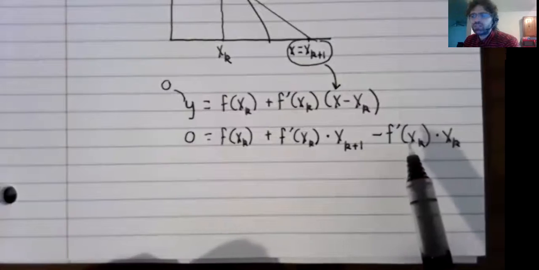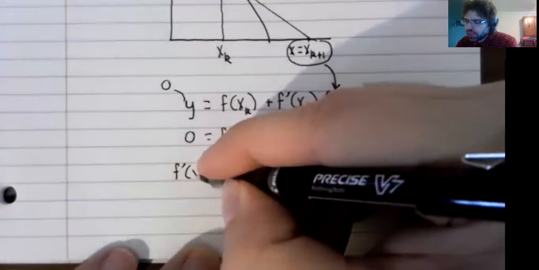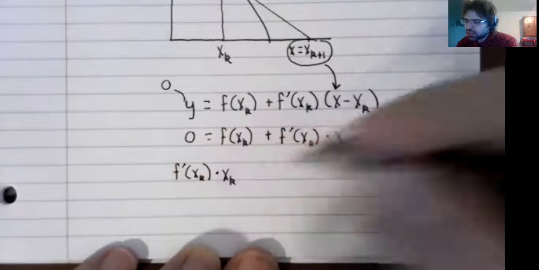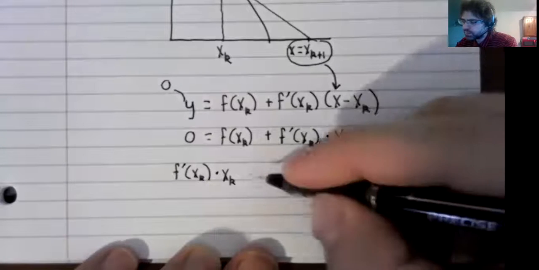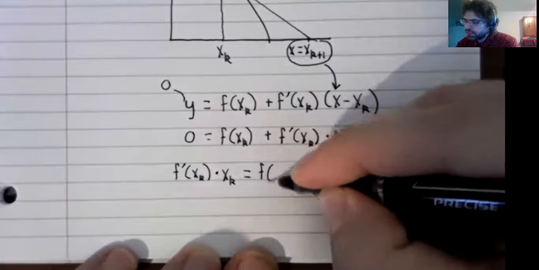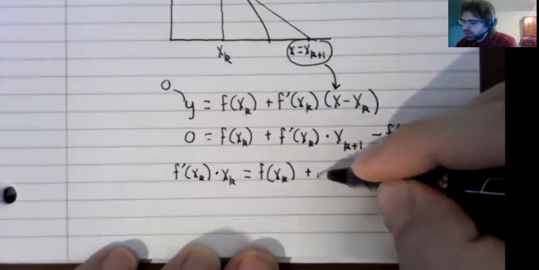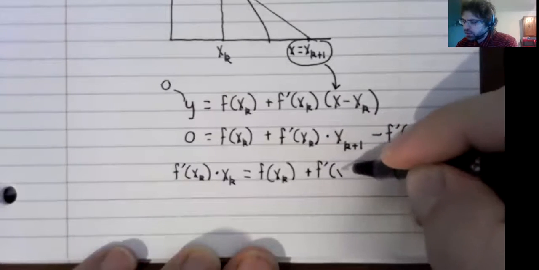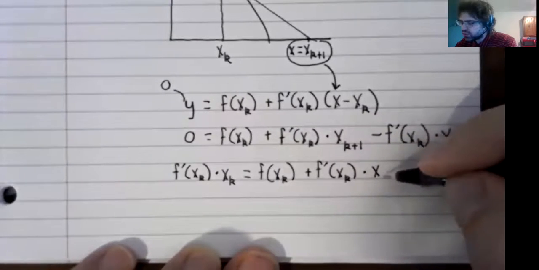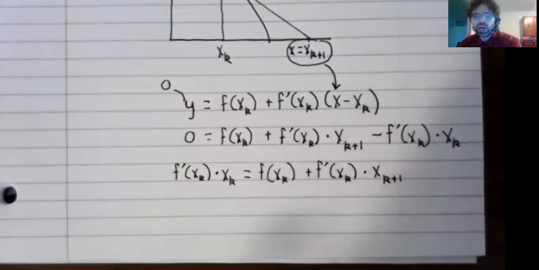We'll add this to both sides. f prime of x sub k times x sub k equals f of x sub k plus f prime of x sub k times x sub k plus 1.